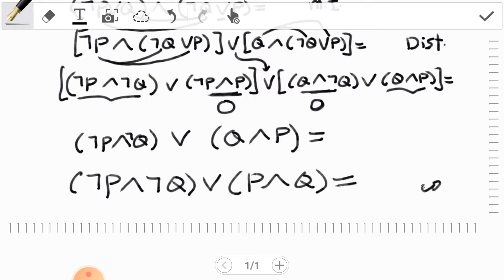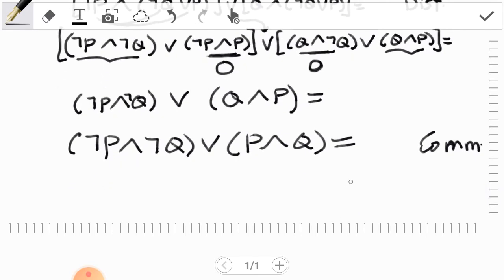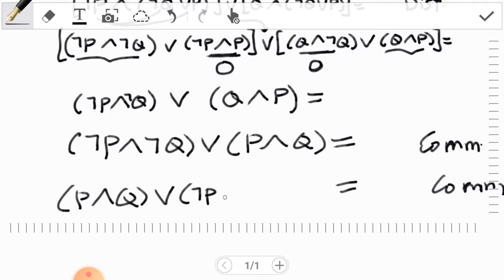What rule is this? Commutativity. Then again, using commutativity for this one, we interchange the two. We have not P and not Q, or P and Q, which is already equivalent to the right side.